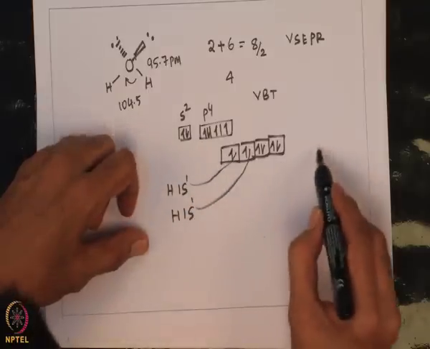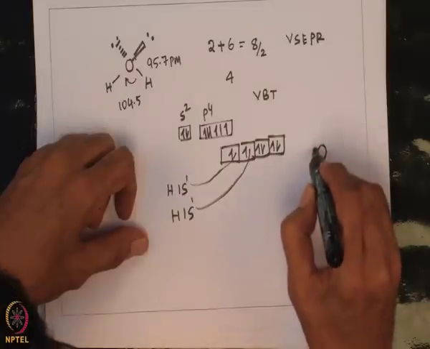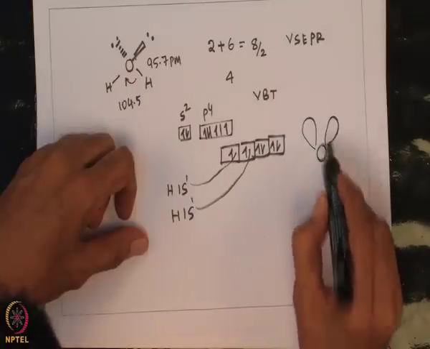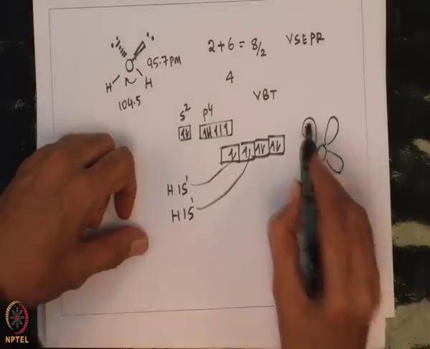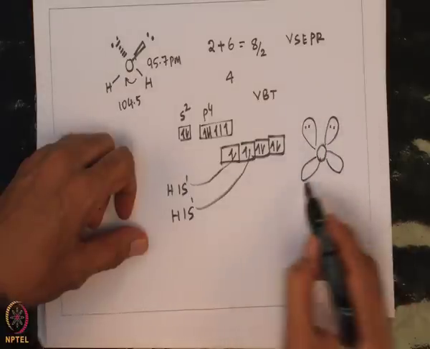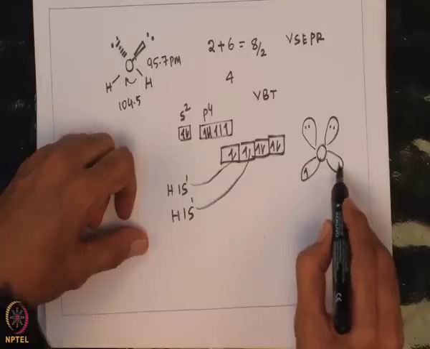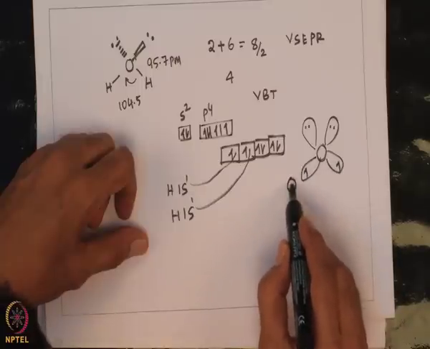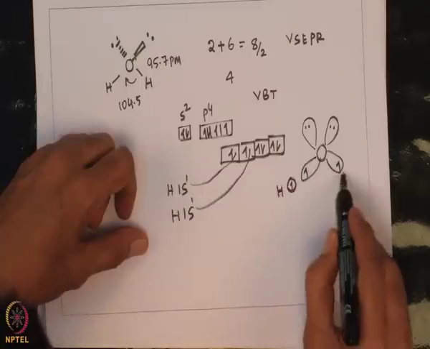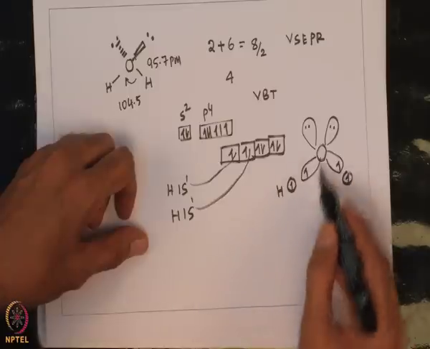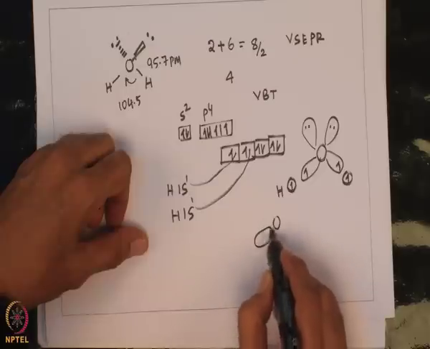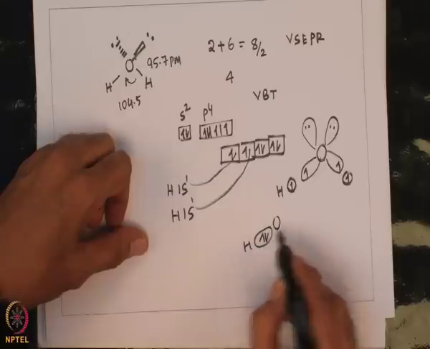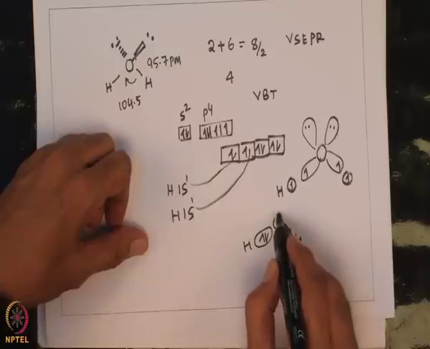As a result, I can write 4 sp3 orbitals, and here 2 lone pairs are placed. Here each has 1 electron, and another 1 electron comes from each hydrogen. So, these combine, which leads to the formation of 2 electrons here, 2 electrons here.